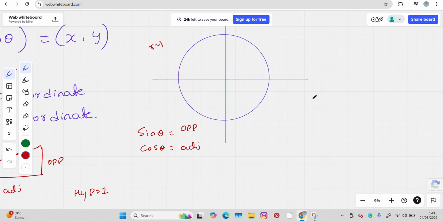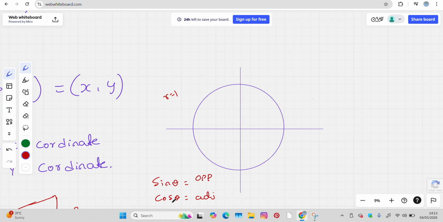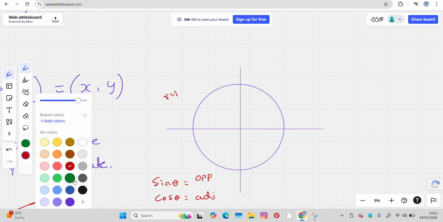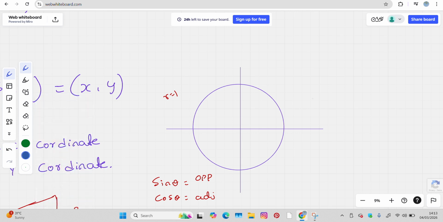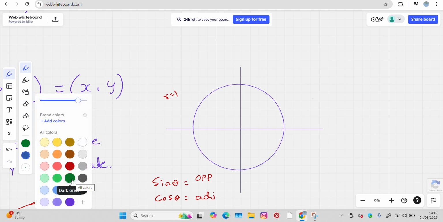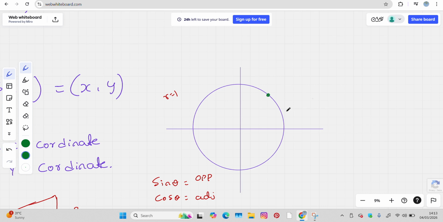Same thing will be happening inside the unit circle. Imagine you want to know a detail about any point on this circumference. Let's say I take a point somewhere here. I want to know the x and y coordinates of this point. That's the detail, right? Now let me draw the radius that's passing through this point.